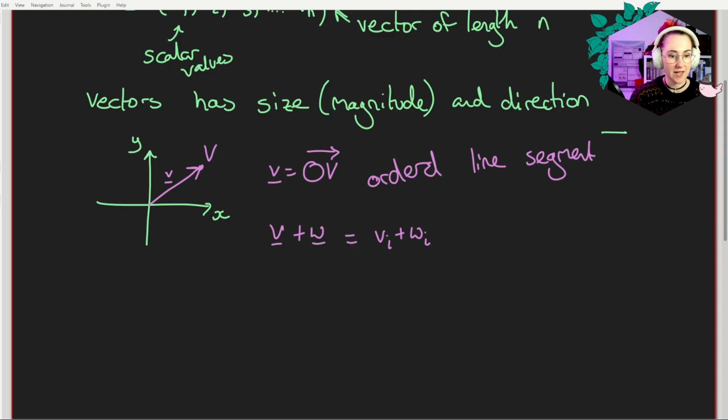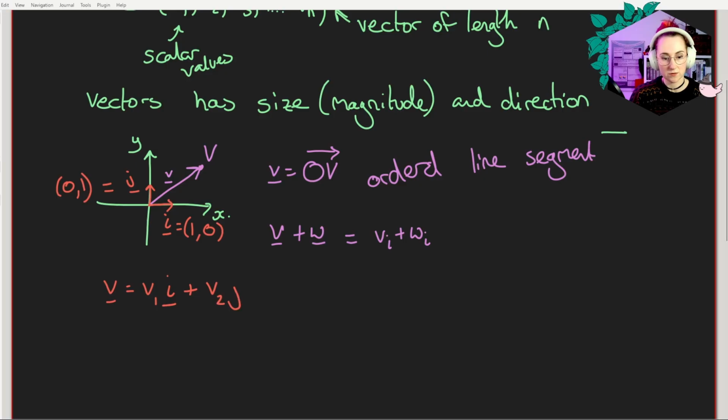And this works really well because it then means that when we introduce these unit basis vectors, i is 1 in the x direction and 0 in all of the others, and j is 0, 1. Because we're only in 2D, so I don't actually need to do my n-dimensional version of this. That means we can write the vector v as some scaling v1 times i plus some scaling v2 times j, which is the same as saying v1, v2.